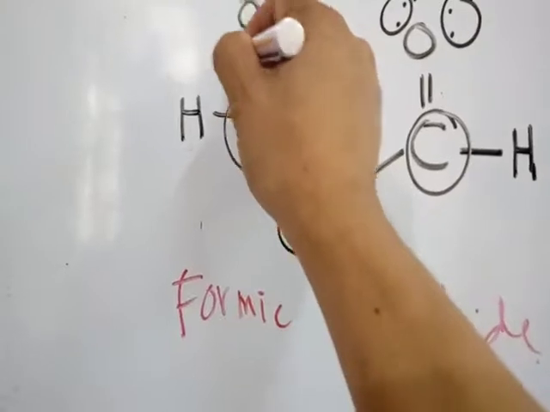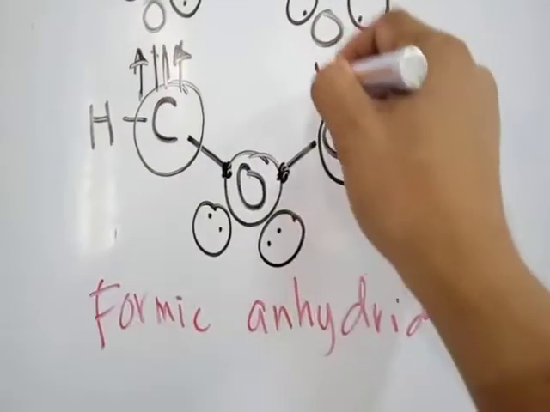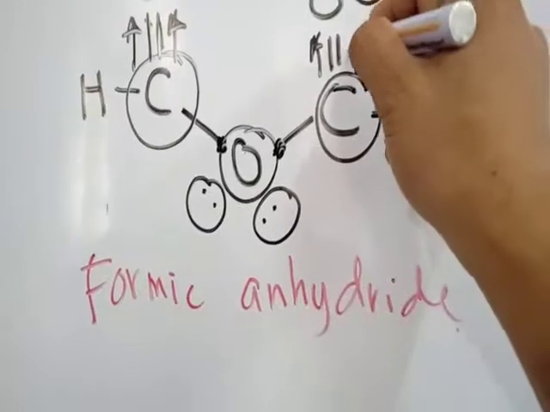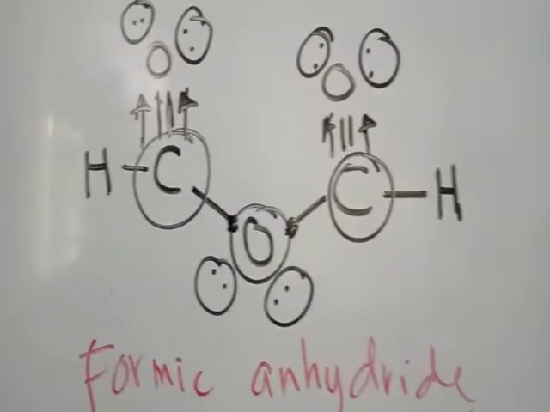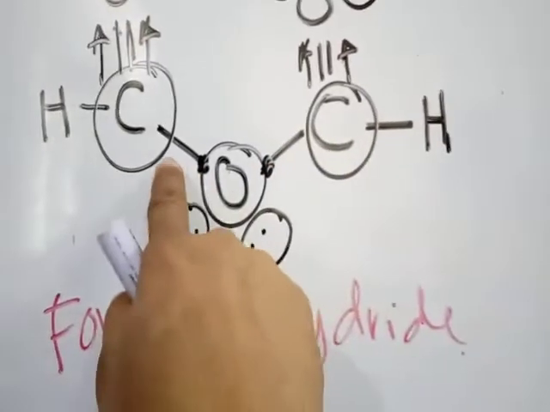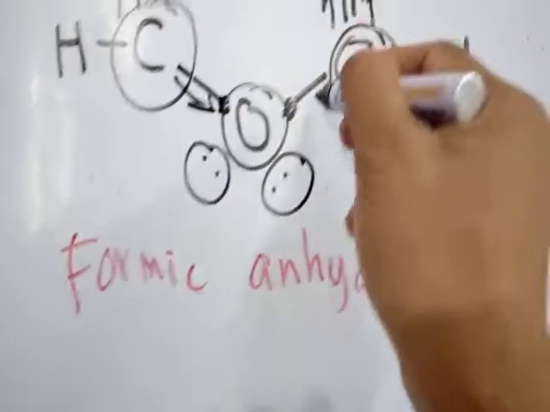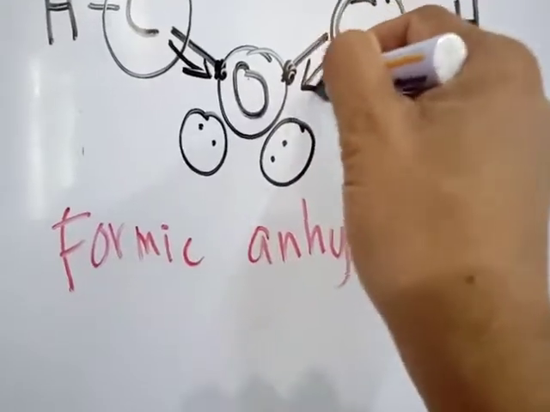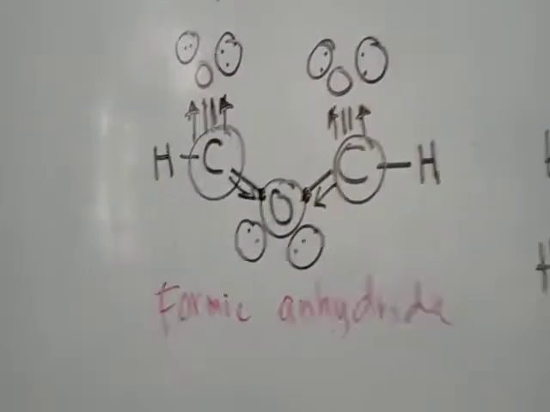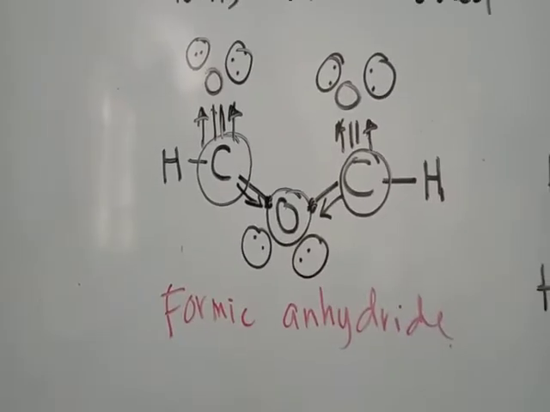It's going to oxygen. So polar covalent bond, polar covalent bond. Is this polar? No. Is that polar? No. Is this polar? Yes. It's going this way. So write the dipole moments.